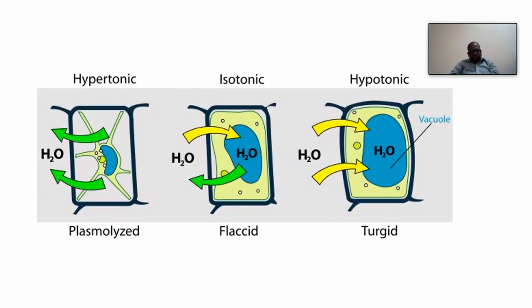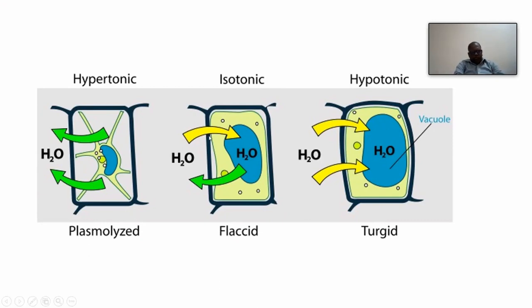When the water goes out, it is a hypertonic solution. That means the cell concentration is higher than the outer concentration, so the outer solution has fewer water molecules, hypertonic. Then water goes out. That is what we call plasmolysis here.